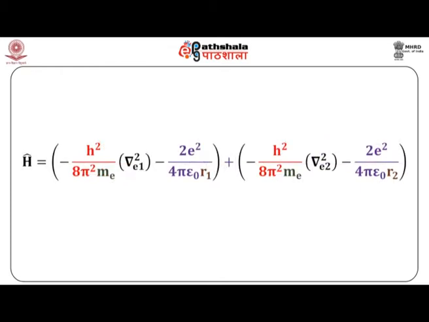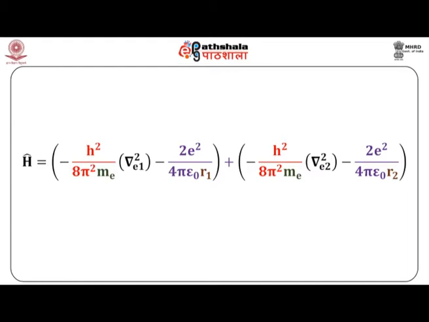Now you can see that if we rearrange this equation, on rearrangement, in one parenthesis we have minus h²/8π²m_e ∇₁² minus 2e²/4πε₀r₁.